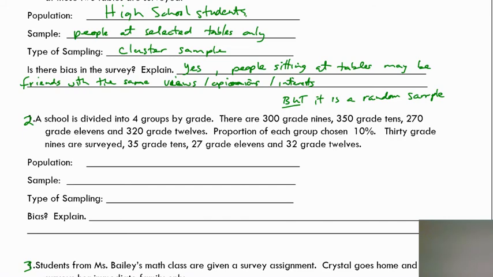If we take 10% of each of these, 300 is 30, 350 is 35, 270 is 27, and 10% of 320 is 32. So what is the population? Again, I think we're just talking about high school students here.